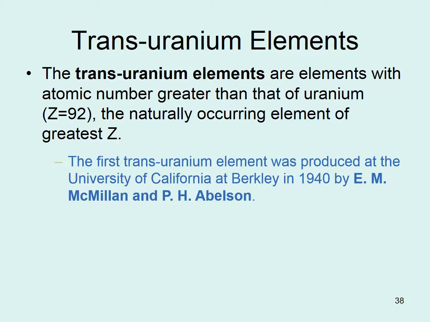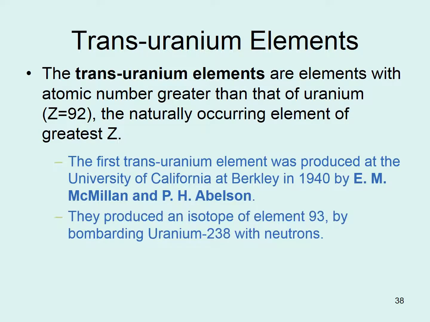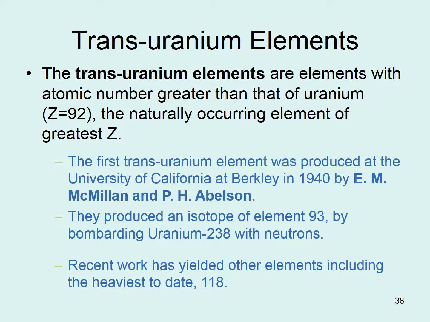They produced an isotope of element 93 by bombarding uranium with neutrons. They were able to hit it with a neutron and convert it to element 93, which is only man-made, and that is neptunium. Other work has yielded other elements all the way up to 118. Anything above 92 has all been man-made, and it's all been done with bombardment kinds of reactions.